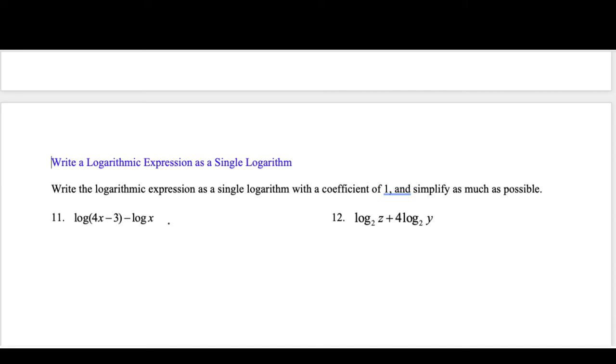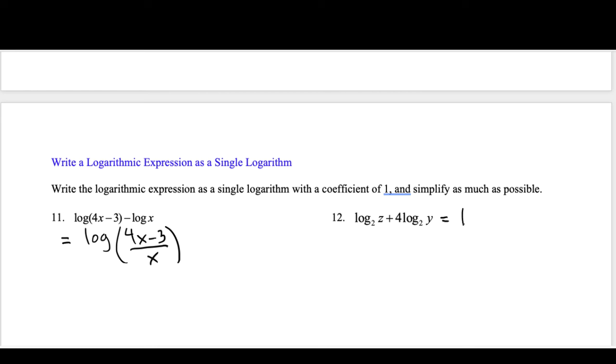Okay, so for this one, we have the difference of two logarithms. So I can write that as a single logarithm by applying the quotient rule, right? This would be equivalent to the logarithm of 4x minus 3 divided by x. For this one, I can start by applying the power rule.